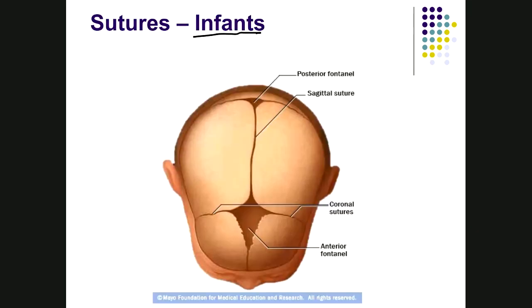And again, you can see these soft spots. Well, the bone has not grown together. If you look at it in an adult, this is going to grow this way and this is going to grow this way. We get this interlocking suture. But the sutures here have not met. They've not formed these interlocking junctions. And so the head of an infant is malleable.